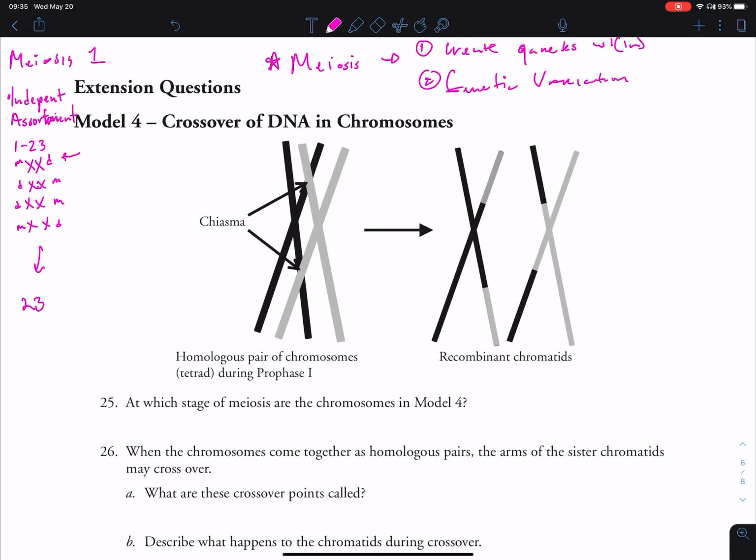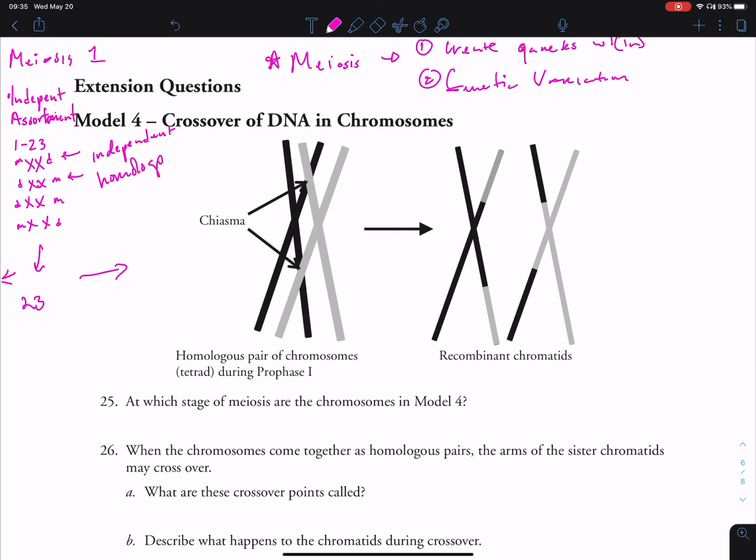So the way that this lines up is completely different from the way that this lines up, which is why we say independent. The different homologs line up independently of one another, okay? And then those homologs are going to go that way, those homologs are going to go that way, and that's where we get the 2 to the 23rd variation because of all the different ways that those chromosomes can line up.